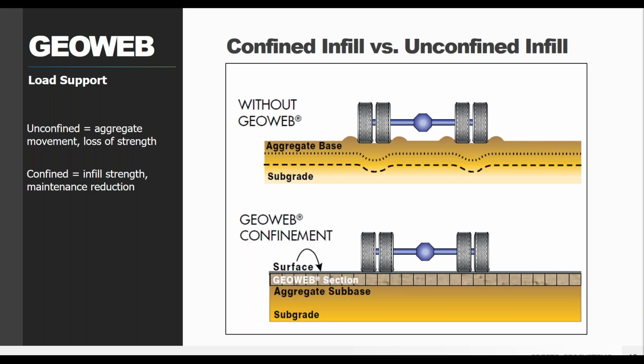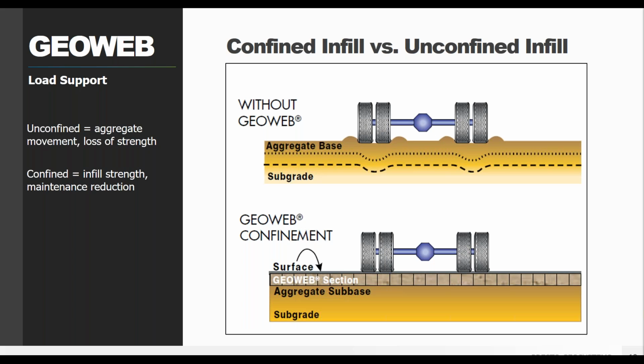And so for this one, the top schematic is, again, that unconfined aggregate. And you can see how it moves both down and out to the sides to create those ruts. And so that's going to be a lot of maintenance that you have to do. Come in, fill those ruts back in, and try and make it be a drivable surface. So we're also not utilizing the full strength of the aggregate when it moves like that, because it's just getting pushed to the side rather than actually supporting the vehicle loads.